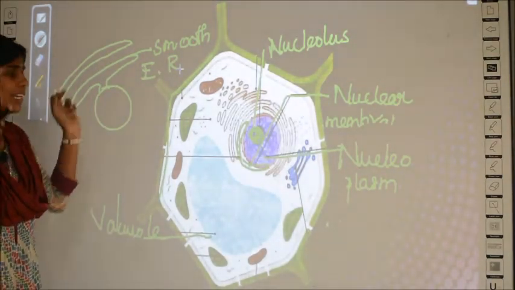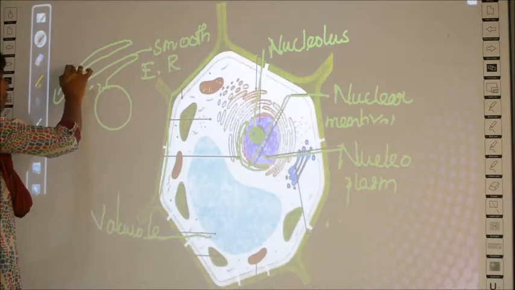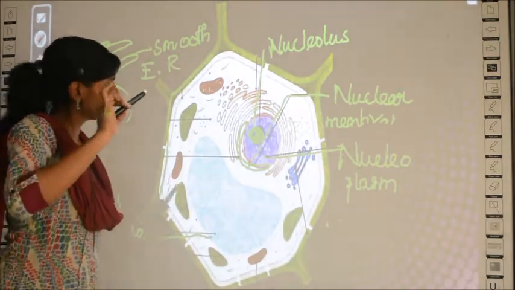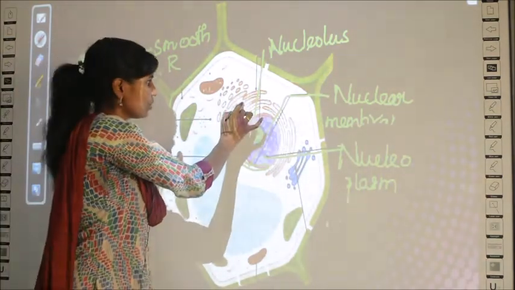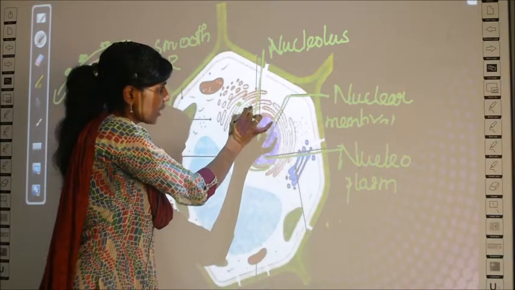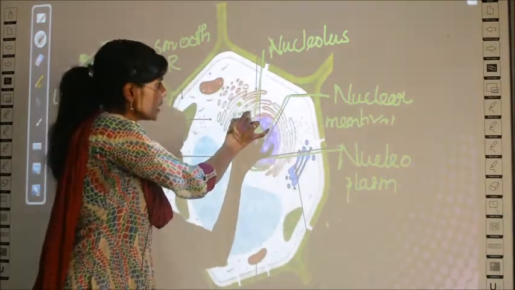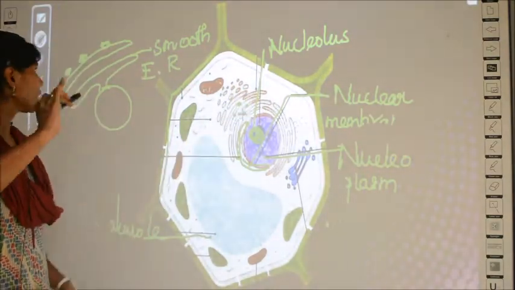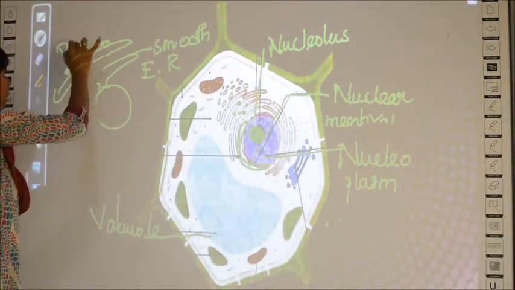Sometimes on the endoplasmic reticulum you can find some granular structures like this. In your book you can see, I don't know if it is clearly visible to you, there are some dots on the endoplasmic reticulum. Can you see? So, if these structures are present on the endoplasmic reticulum, it is called rough endoplasmic reticulum.